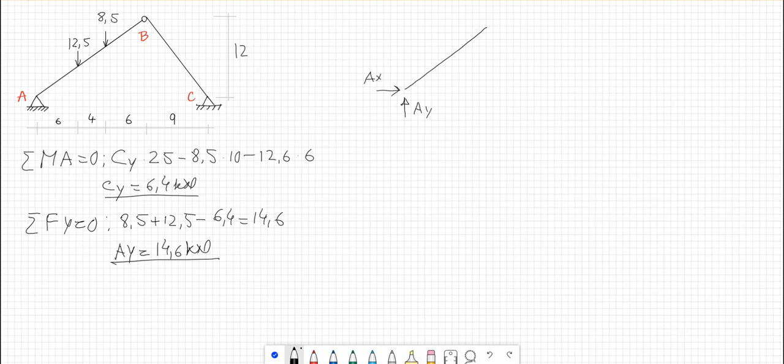So we found the AY, and now we'll find the AX. Since at point B the beams are pinned, from there we can find, if you take the moment equilibrium at point A, point B, sorry.